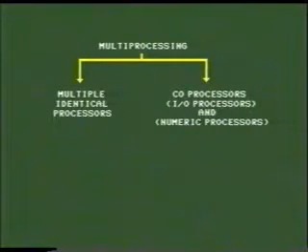In the first case, special purpose coprocessors such as I/O processors and numeric processors have been designed to solve special purpose processing needs.